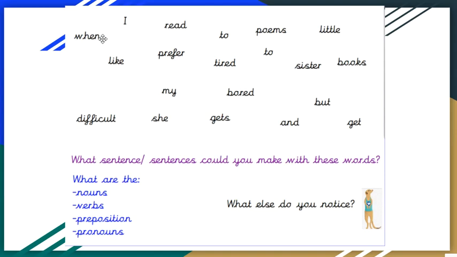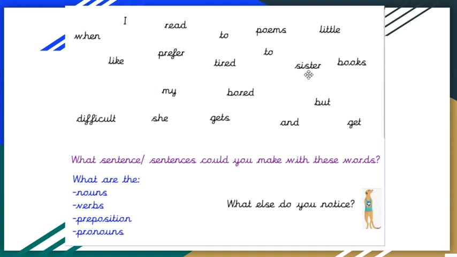I can also see that I've got when here, so that might be how I've started my sentence, so it might be a conjunction that joins 2 of my clauses together. So when, I could have when my sister, or I could have when I. So maybe I'll go for when I read poems to my sister.